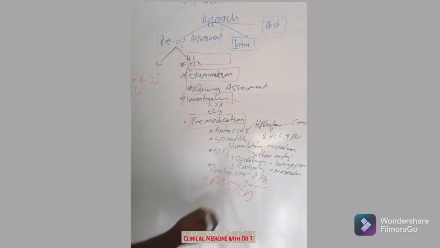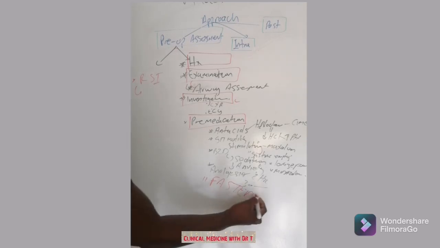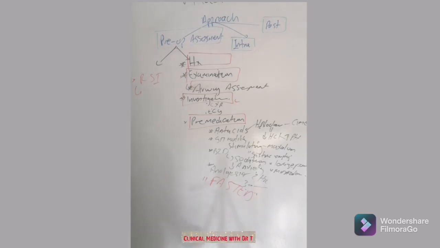We are going to talk about the fasting protocol. It's a fasted patient who has not had food or liquids for maybe the past 2 hours. So their stomach is essentially very empty, and the risk of aspirating with an empty stomach is very, very low. So you don't have to do a rapid sequence.